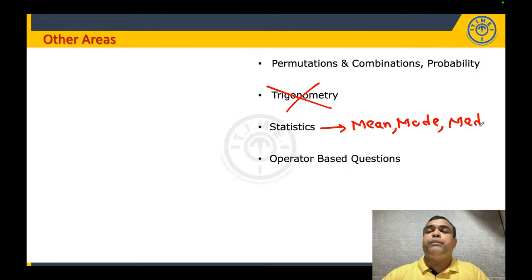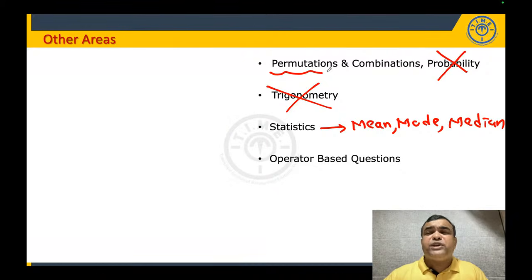These terms' meaning is necessary. I haven't seen recent questions on standard deviation or mean deviation, but there are questions on the meaning of mean, mode, median. Probability questions are not asked in CAT. From the last 17 onwards, look at all the question papers: not a single question on probability.